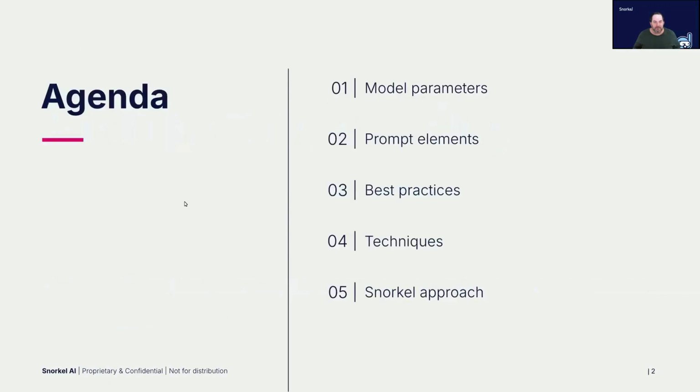In terms of the agenda, I have a few slides on introduction, so bear with me. I understand some folks might be relatively new to prompt engineering, and we also have some folks who are already pretty well versed, hoping to find something new. So I have a light introduction. We'll talk about a handful of model parameters.